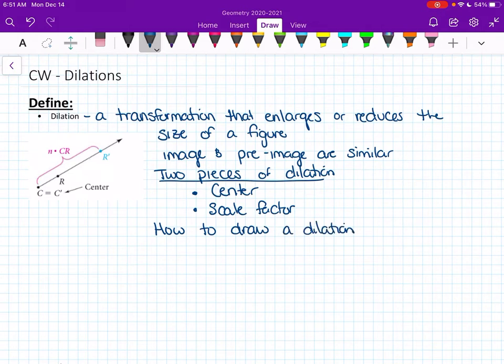The first thing we are going to say is that if I have my center as C, the image of C is itself. So the image of the center is itself.